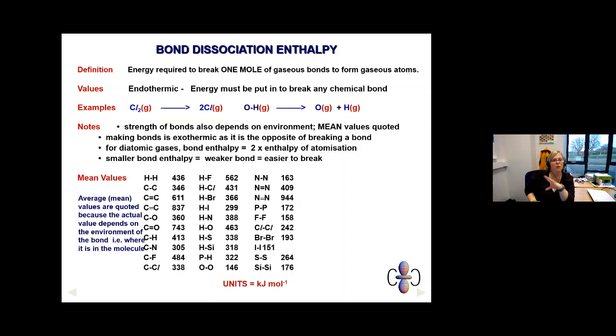I'm sure you're familiar from GCSE, you'd be given these values. You are not expected to know any of these values by heart, I'm glad to say, because I don't remember most of them. As long as you know what bonds are present in the reagents and you can see what bonds are present in the products, you should be able to apply what I teach my kids, and it's not a bad rule, I suppose: break, take away, make.